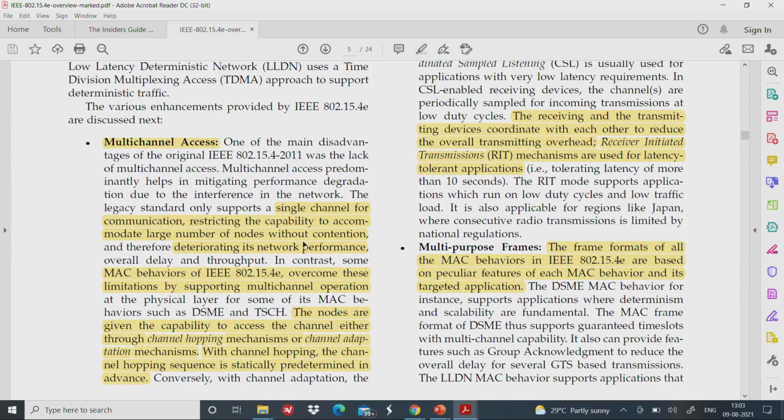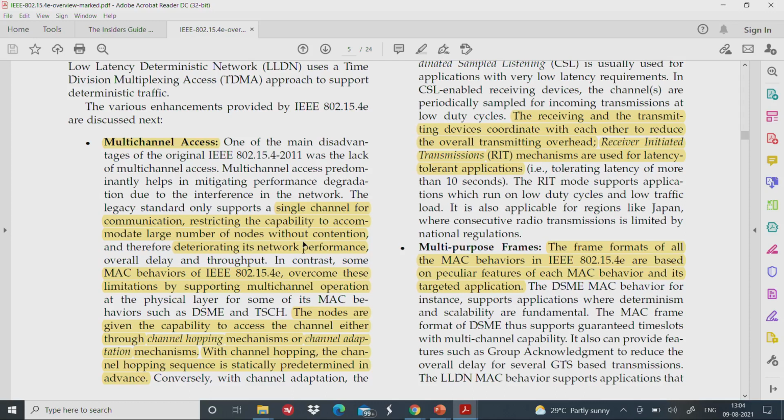Okay. See, the problem with the Zigbee system which we studied, there is one problem that you only have a single channel for your complete PAN system that you set up. Okay. You have a PAN coordinator and all nodes identify the PAN coordinator, and then they communicate to that PAN coordinator, which means out of the 16 channels which are supported, only one channel you will be using all the time.